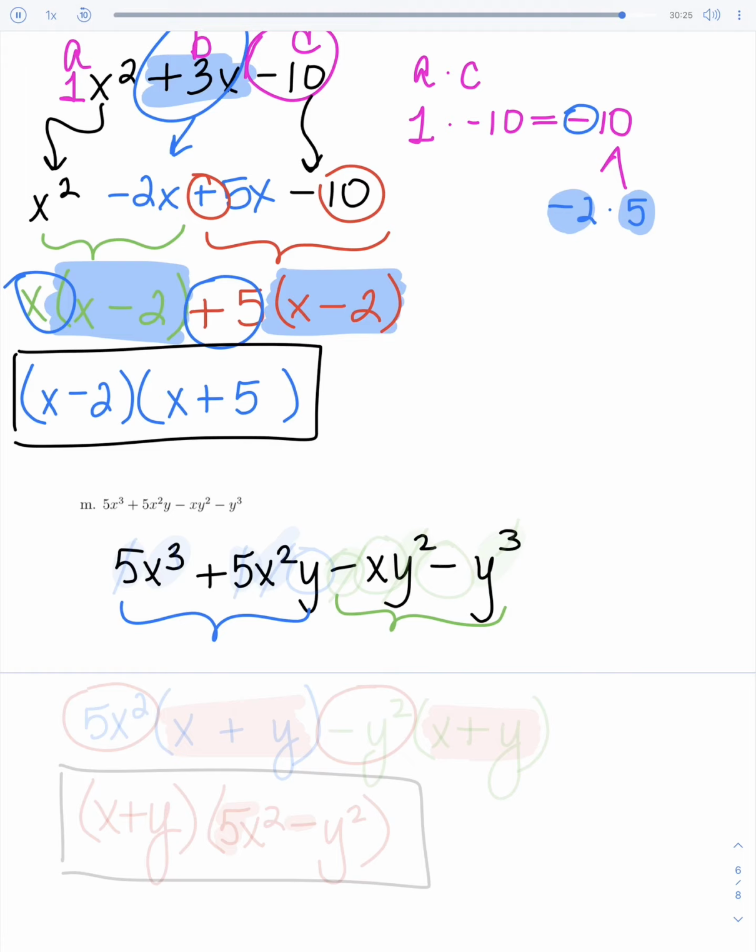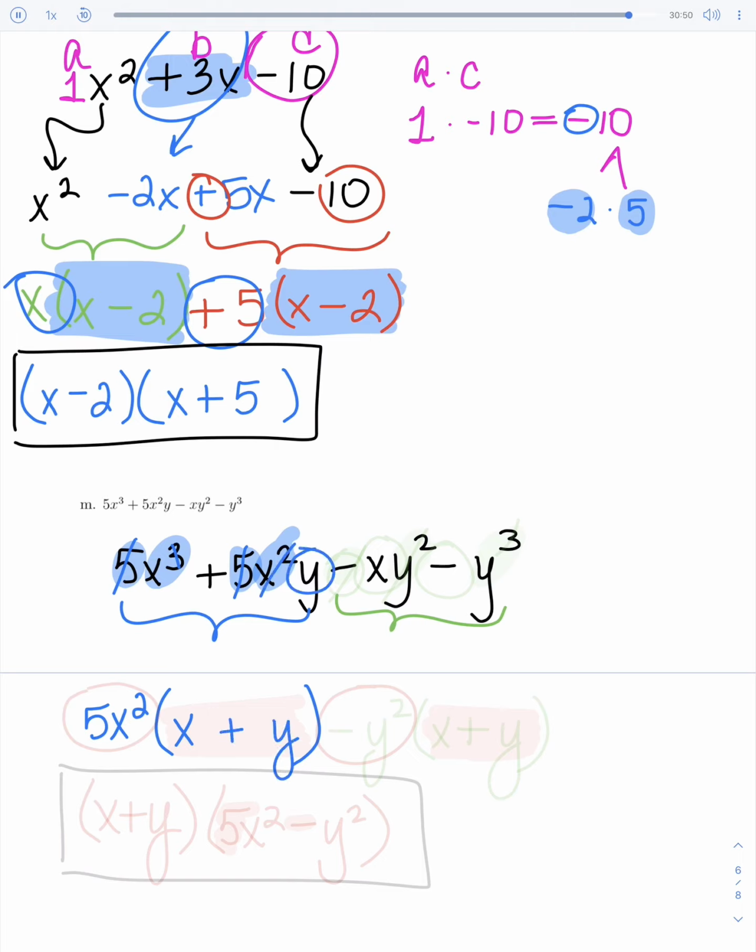Well, notice that they both are divisible by 5. And notice this one has 3 x's and this one has 2, so they both have at least 2 x's as well, so I can pull out a 5 and an x squared. So if I pull out a 5 and 2 x's, that still leaves me with an x in the first piece. Pulling out a 5 and 2 x's from the second piece still leaves me with a y.